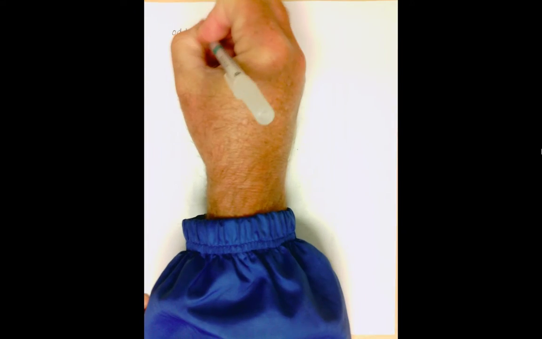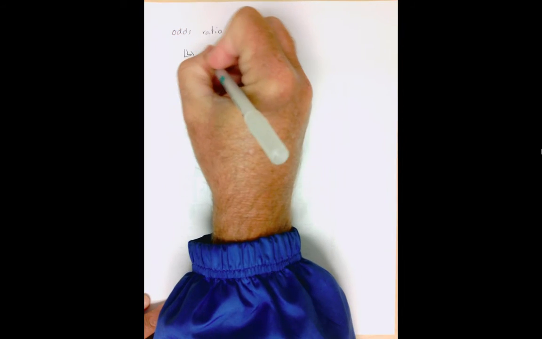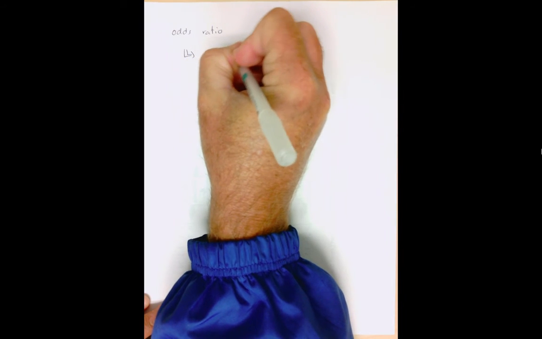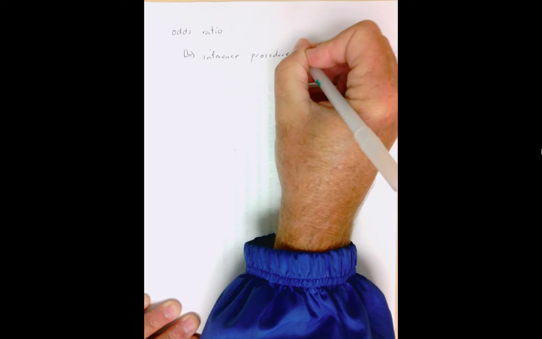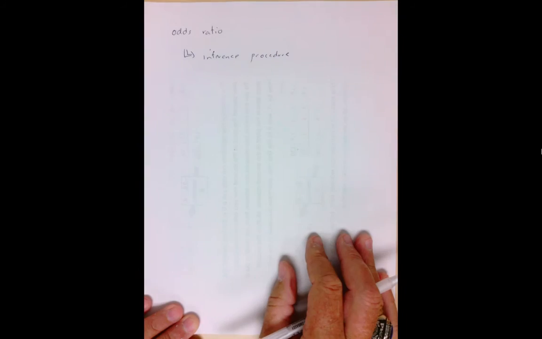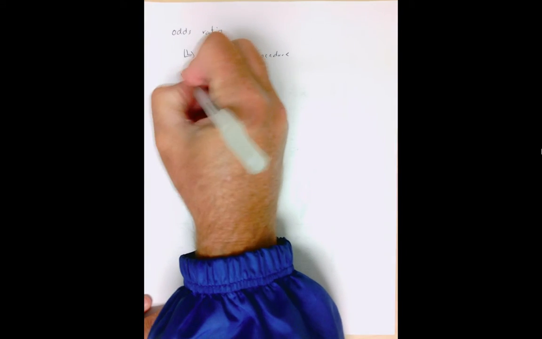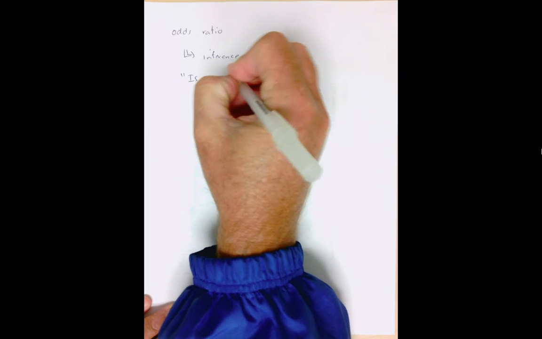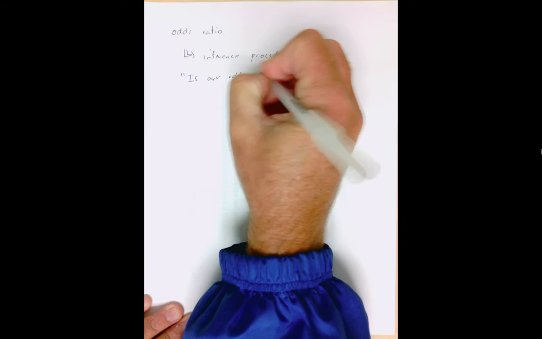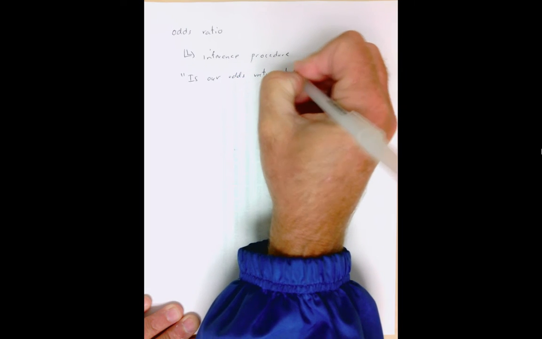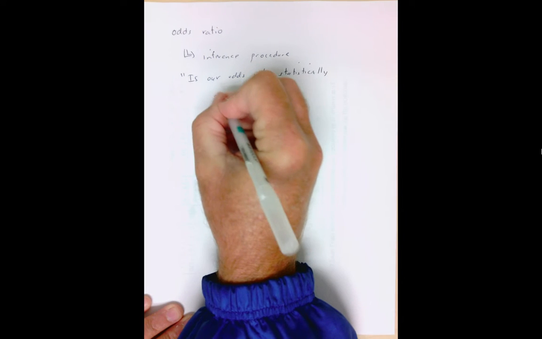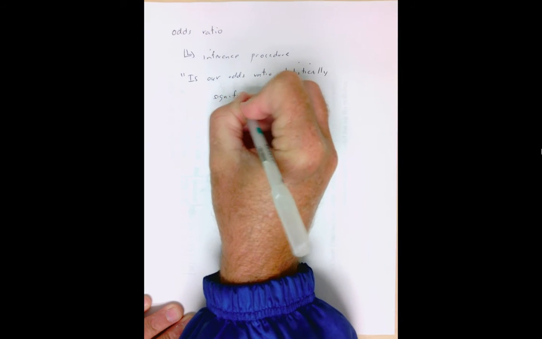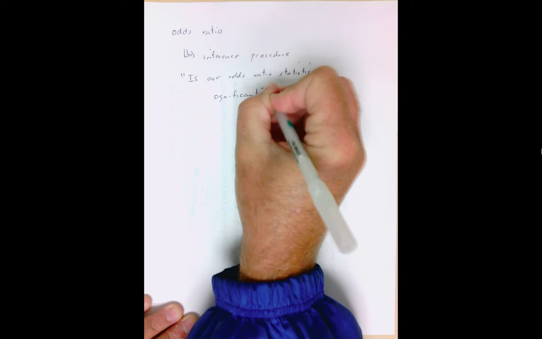What we're going to do next is we're going to take this odds ratio and look at what's called an inference procedure. And ultimately, the inference procedure addresses the question, is our odds ratio statistically significant?